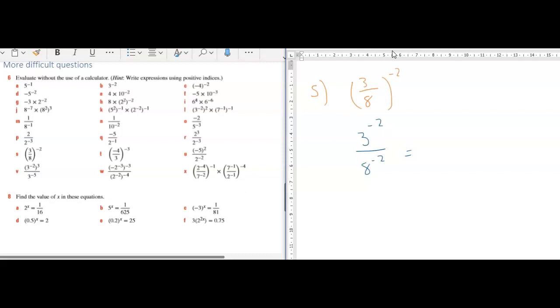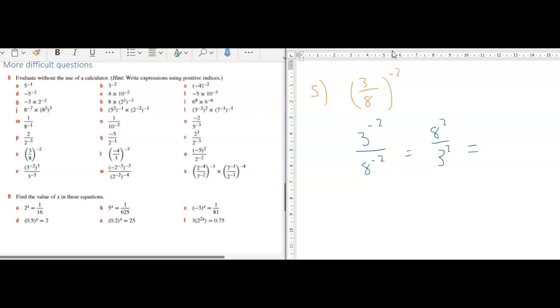Now, to get them as positive indices, we just switch. So the 8 will come up to the top and the 3 comes down to the bottom. And that's only because they're both negative. If one was positive, it would just stay there. So the 3 to the negative 2 comes down the bottom as 3 to the power of positive 2, and the 8 comes up to the top as 8 to the power of positive 2.